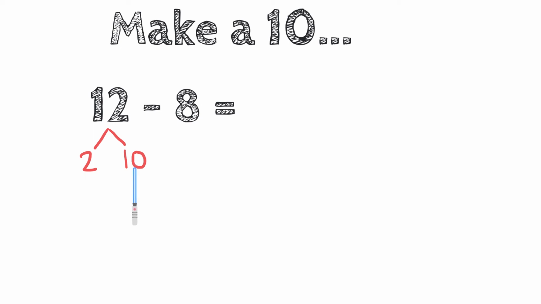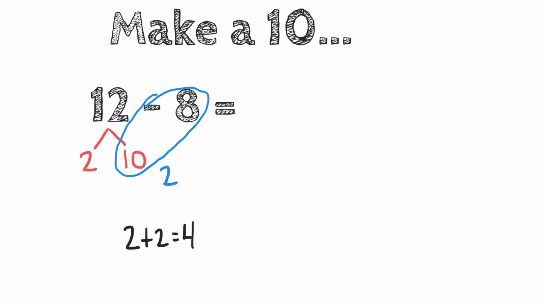Now, I have my nice friendly number here, 10. And I know that when I subtract 8 from 10, that leaves me with 2. And 2 plus 2, so I can write that over here if I need to, 2 plus 2 equals 4. That's right, boys and girls.